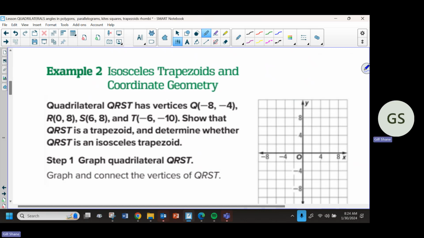We've said it many times. We could use slope. So if we needed to figure out which lines are parallel, because if it's a trapezoid, there are going to be some parallel lines, we could use slope. There's another one though, which is the main one I was thinking of. What else can we tell?